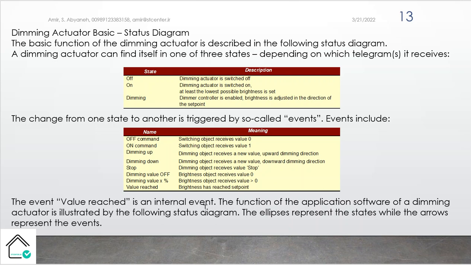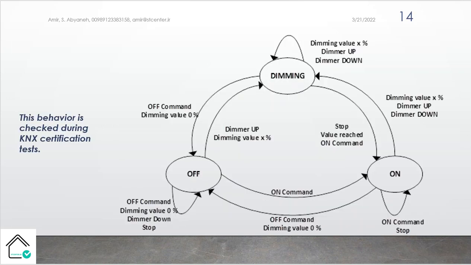The function of the application software of a dimming actuator is illustrated by the following status diagram. The ellipses represent the states, while the arrows represent the events. So it's something like this. This is a behavior checked during KNX certification. You can see we have on, off, and dimming. In on we can send on, in off we can send off. In dimming, a specific value.